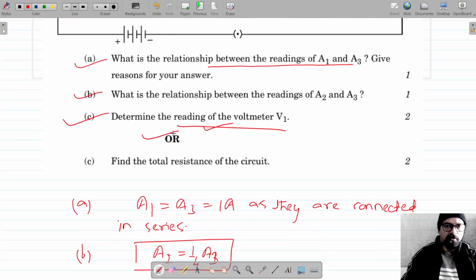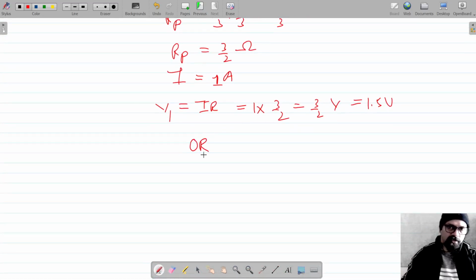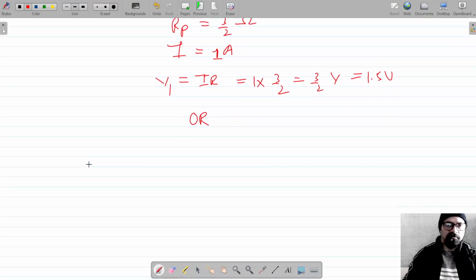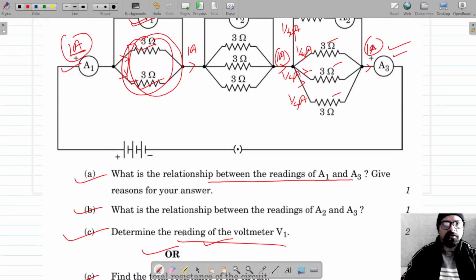Okay, moving on to the OR part, we have to find the total resistance of the circuit. Let's get the resistance for this part first. These two are connected in parallel.